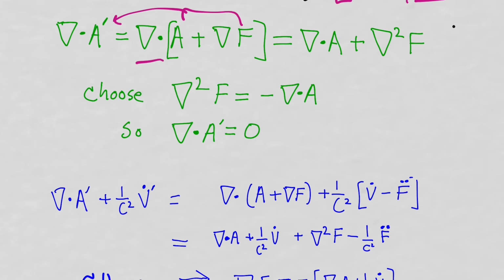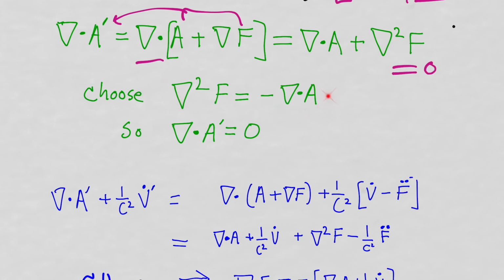And I want that divergence to equal 0. So I'm just going to distribute the divergence through, and I get the divergence of A and the Laplacian of f. So if the Laplacian of f equals the opposite of the divergence of A, then sure enough, this whole thing will indeed equal 0.